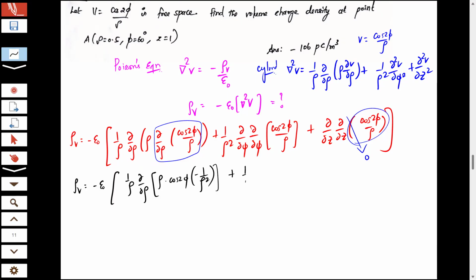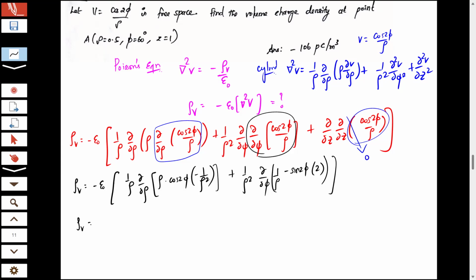So differentiation of 1 by rho is minus 1 by rho square. Then for the second term, 1 by rho square, dou by dou phi. Now this differentiation with respect to phi has to be done. 1 by rho is constant. Differentiation of cos 2 phi is minus sine 2 phi, and multiplied with 2 also is coming. Then here it is 0, so I'm leaving the third term.